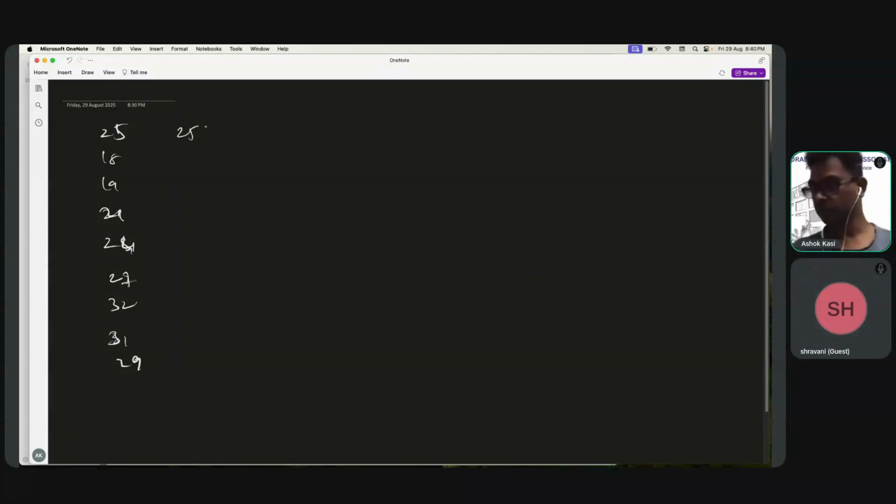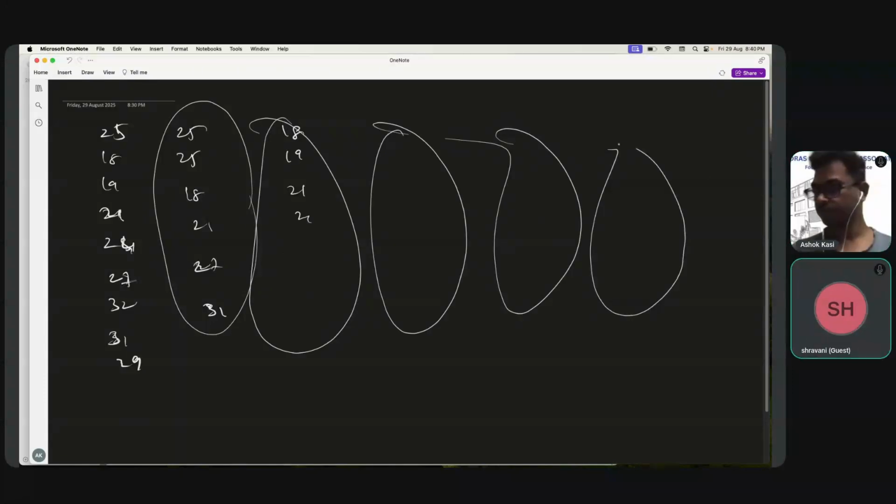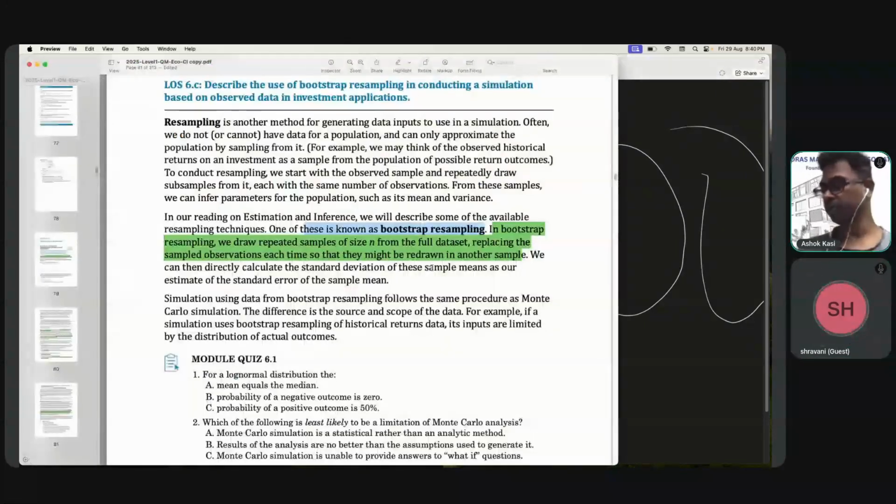So say, for example, 25, 25, 18, 21, 27. In whichever way, you can create this many numbers of data: 18, 19, 21, 21. Basically you will keep creating more and more data. You are resampling with the given data. That is called bootstrap resampling.